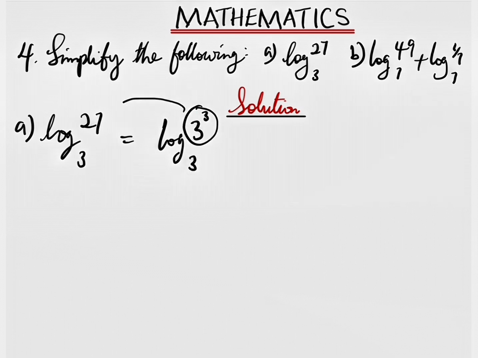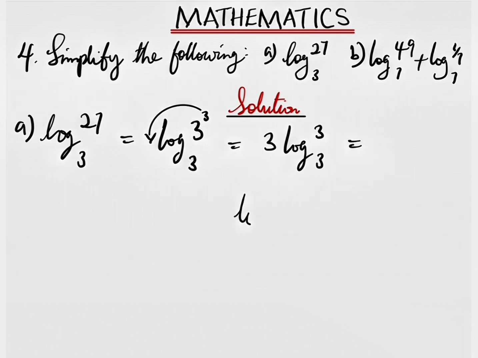Remember, this is the same as 27. And from the laws of logarithm, the exponent of the argument can be made the coefficient of the log. So we can drop this down, and we have 3 log 3 base 3.